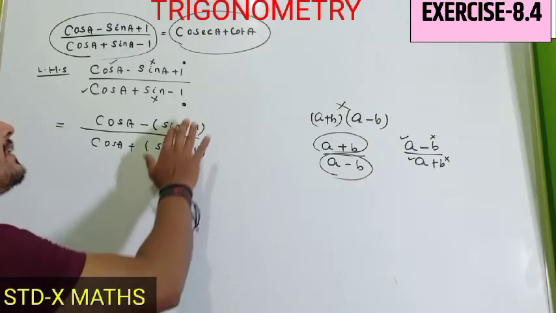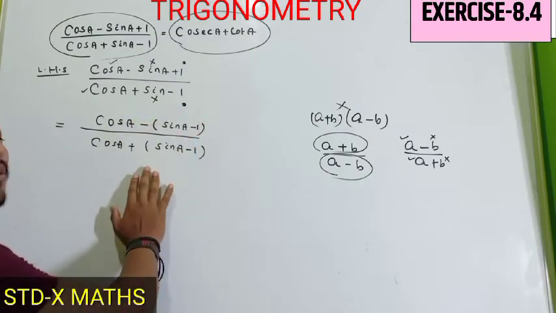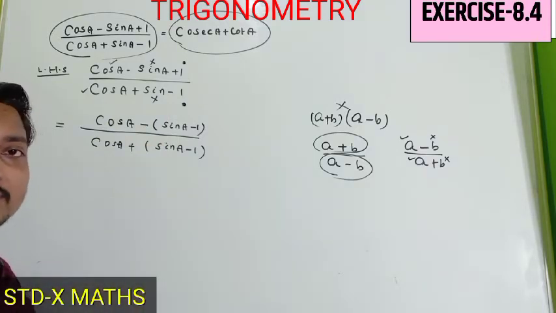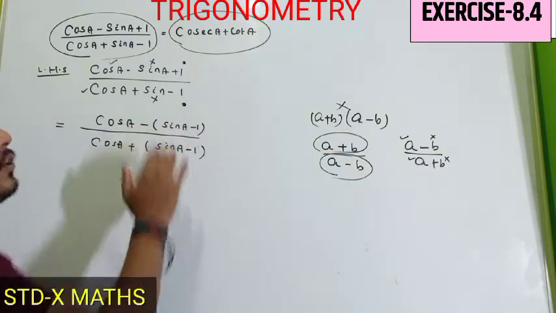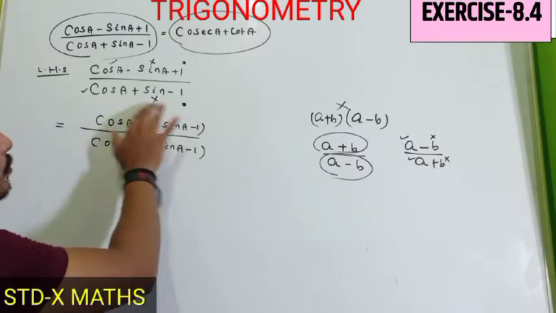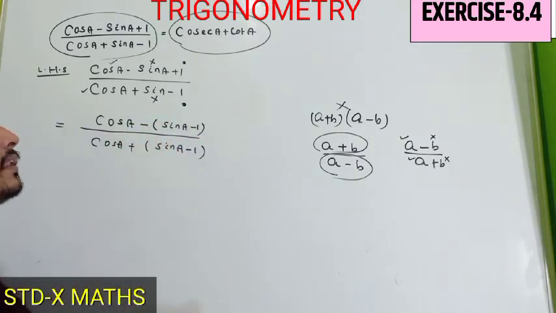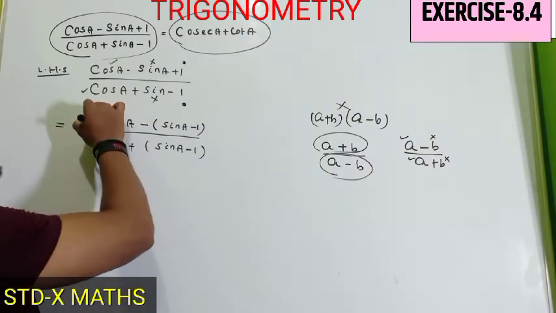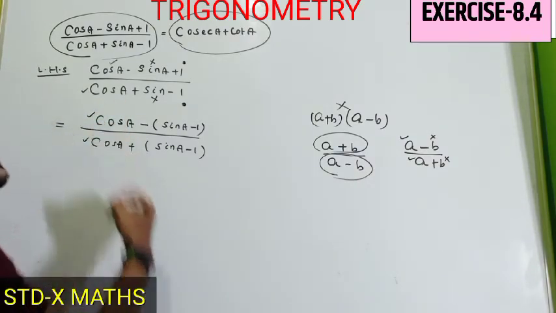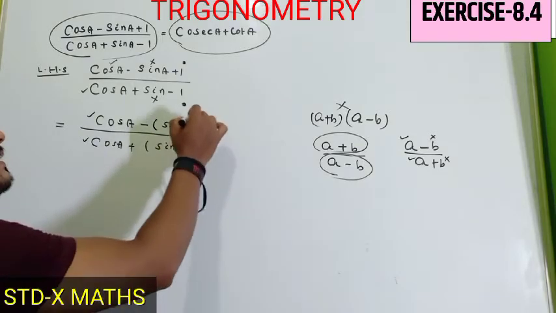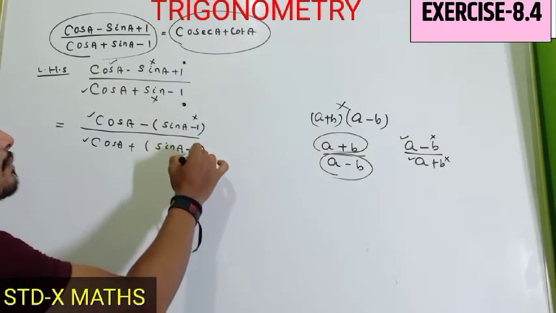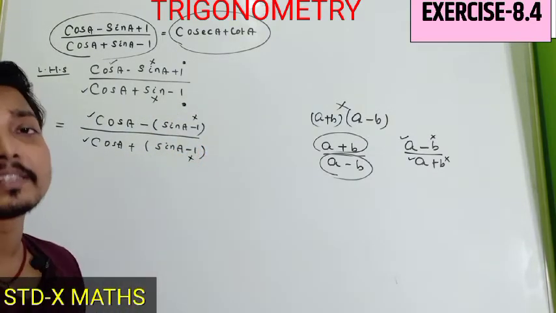It means our numerator's 3 terms and the denominator's 3 terms have been reduced into two terms in the numerator and two terms in the denominator. And see, from the two terms, the first term is the same as the first term, and the second term is the same as the second term, apart from its sign.